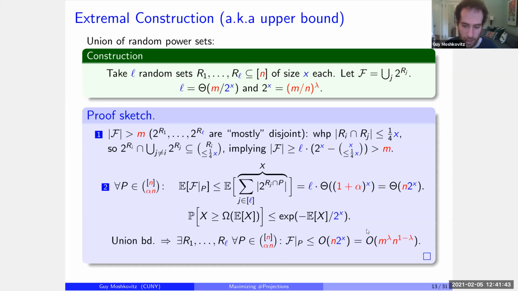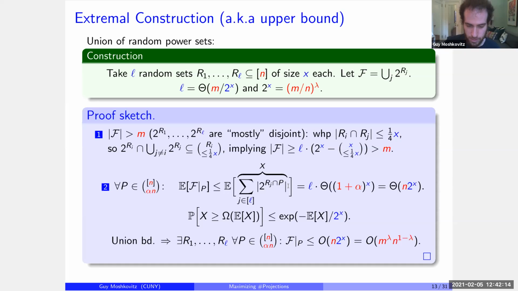Okay, and now this algebraic identity you can check for yourselves, that gives us exactly the bound that we wanted. Okay, so summarizing, the construction is just a union of power sets chosen at random, and the bound that we have on the number of projections is bounded by a sum of independent random variables, which is very concentrated around its mean.